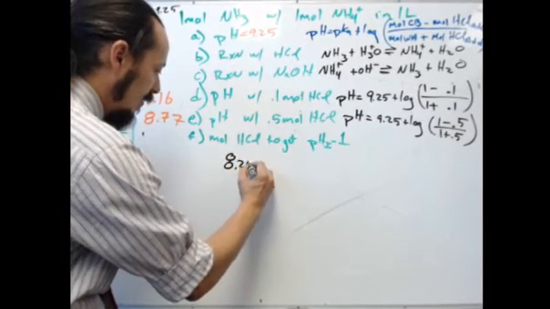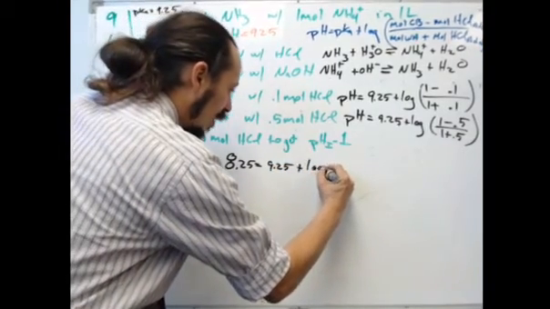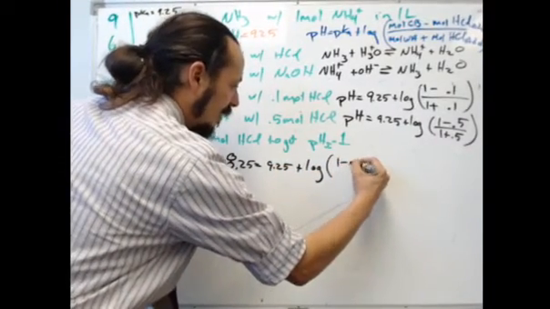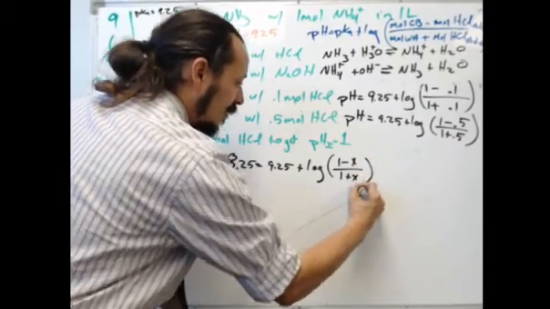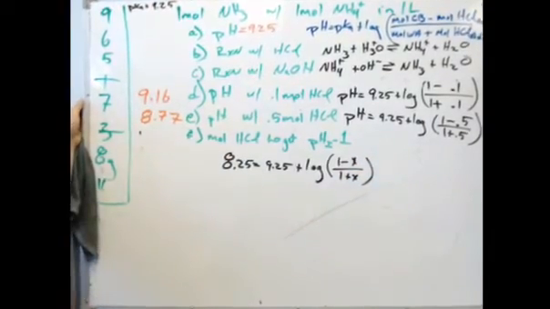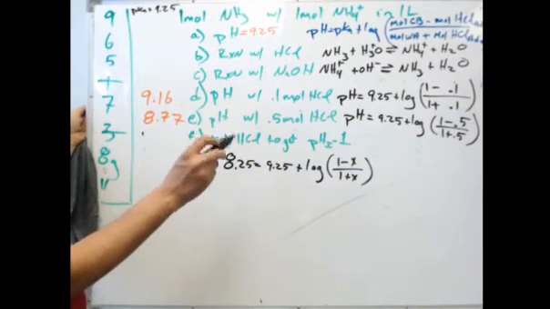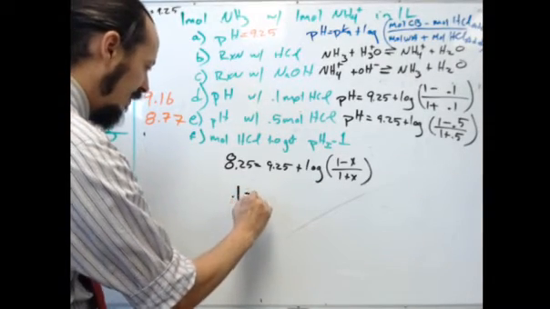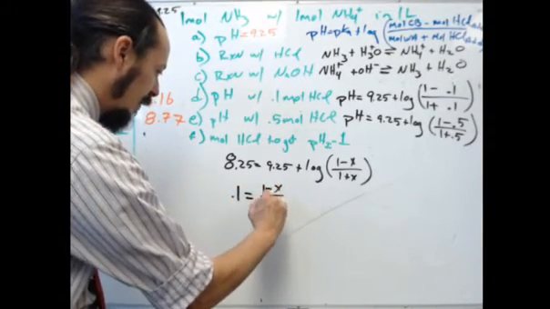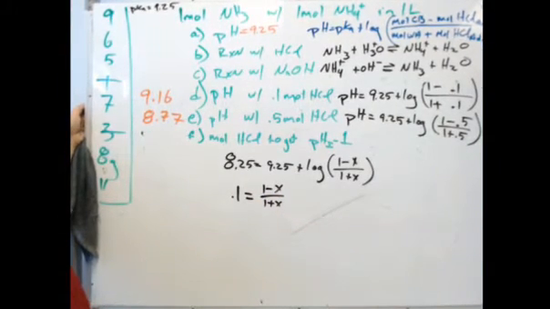I'm going to have 8.25 equal to 9.25 plus log of 1 minus x divided by 1 plus x. Solve for x. If I do 8.25 minus 9.25 as the power of 10, I'm going to get 0.1 is equal to 1 minus x divided by 1 plus x. And then I've just got algebra, which is why I made a scared noise.